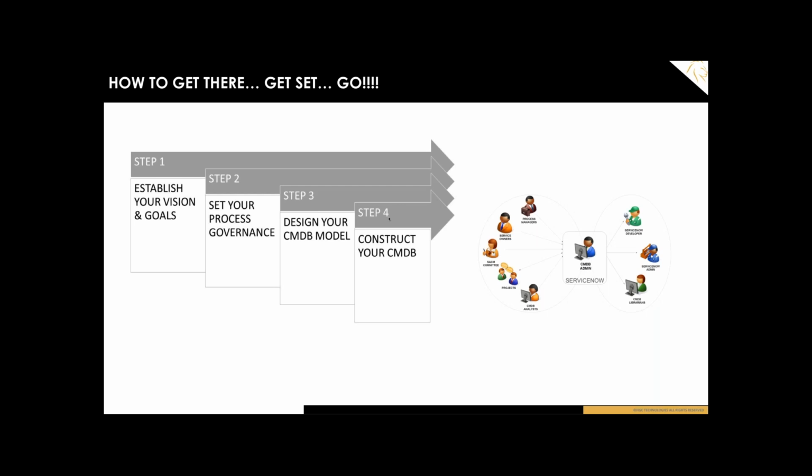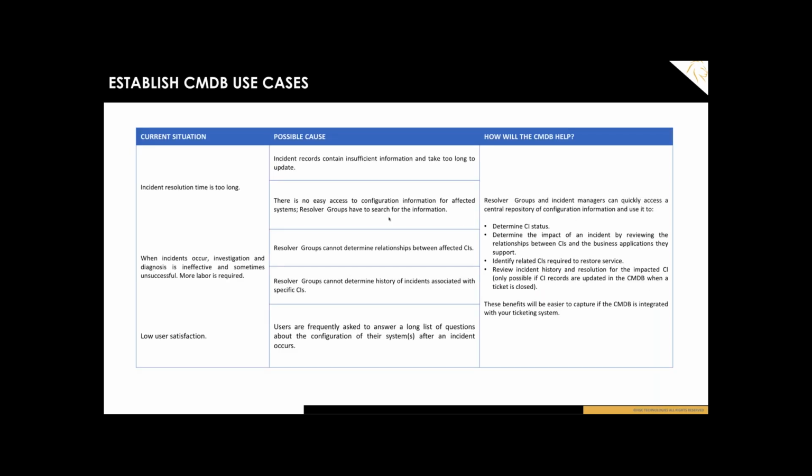So how do we establish a vision and goals? The vision and goals are established based on the use cases that we want to tackle. In this case, we have taken one use case regarding incident management. Its current situation for any given company might be that incident resolution time is too long, or when incidents occur the investigation is ineffective and the same incidents keep happening again, which ends up impacting our user satisfaction.